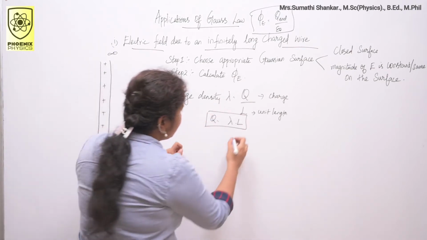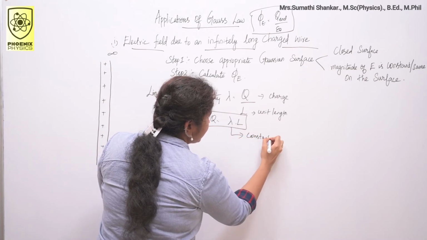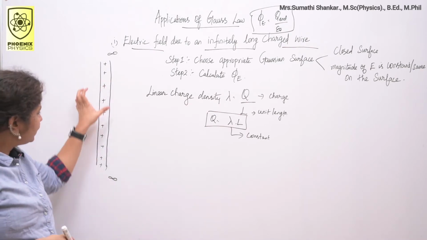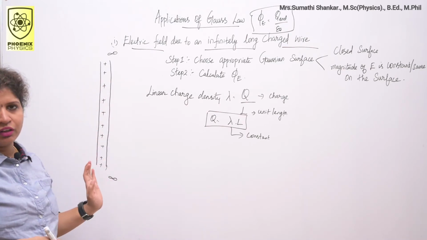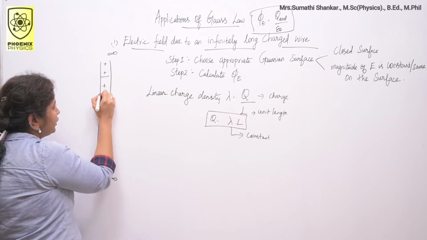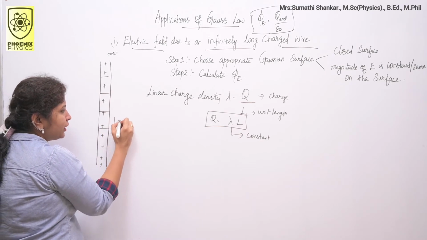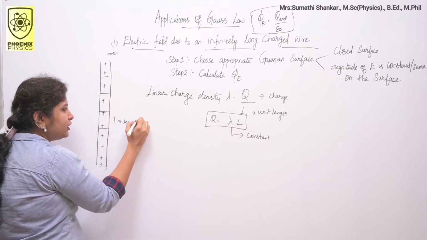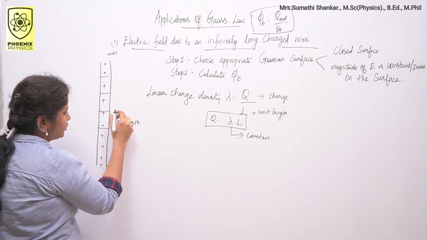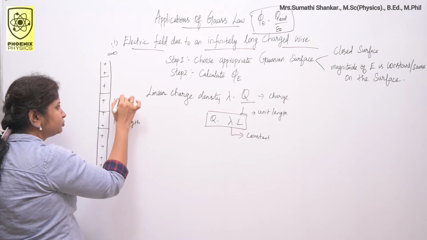Here lambda is a constant. Why did I say lambda is constant? See, this is an infinitely long wire. You divide this wire into small segments like this. Each segment has 1 meter length and each segment has uniformly distributed charges, say 10 microcoulomb.